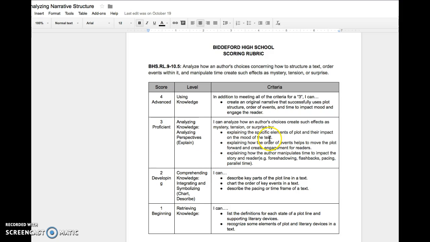And this was part of our unpacked skills and concepts too. That's why in the learning objective video, I recommended almost writing your rubric in conjunction with doing your learning objectives, because when you think about the progression of a rubric, you're going to use Marzano's taxonomy, and then you're going to back it down a level for the level 2, and determine what level 2 knowledge or skills they would need to be able to do to get them to level 3, and then the same thing with level 1.